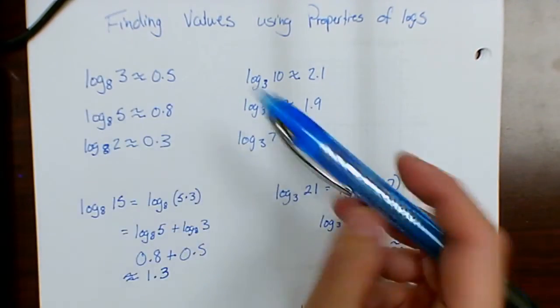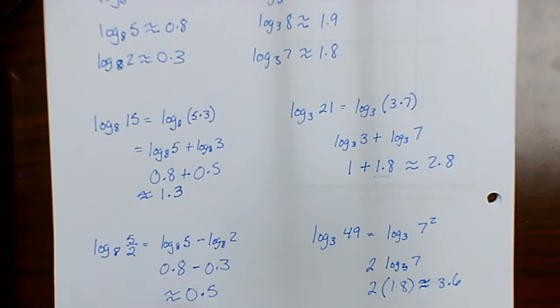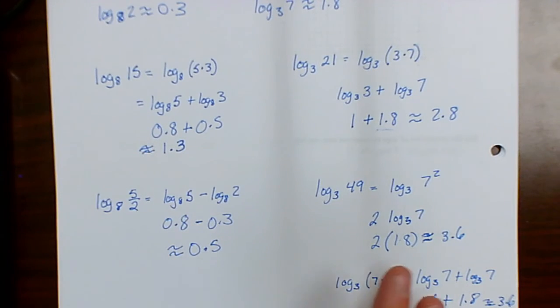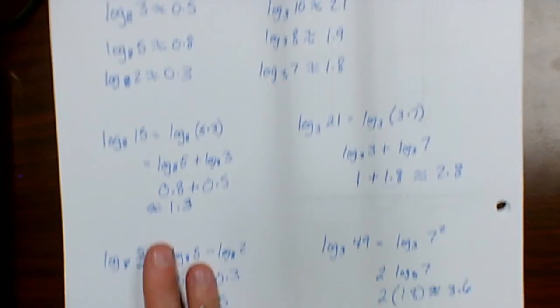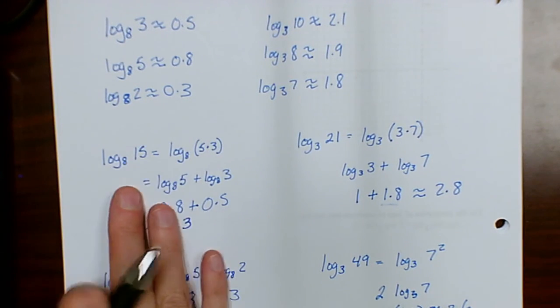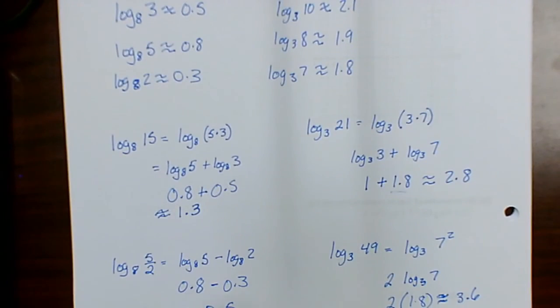So you have your values, factor, use your addition or subtraction, or your product, your quotient, or even a power rule to find the approximate values. And yes, again, you could go log 15 over log 8 for a change of base. You'll still get the same thing. So this is just another way of finding values. This will conclude this video.